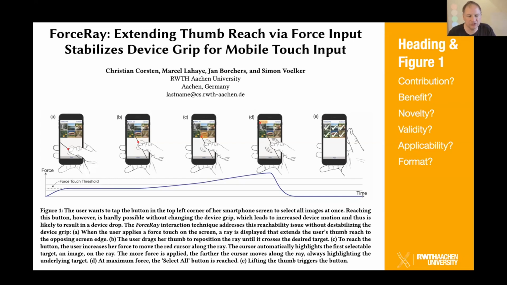a very simple idea. You can see it there in figure 1, as we call it. When you have a phone in your hand and you want to reach a target that is high up there in the corner, for example, the button at the top left here, rather than re-gripping your phone to reach up there, which can make it fall down and is inconvenient, we thought we could provide an alternative input technique, which was you would actually push down with your thumb where it's convenient, and then a little ray appears, this little black line, and a dot on that ray appears, that little red dot.